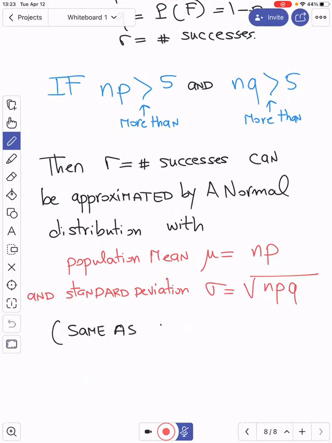I think we have a couple of questions about this in the homework.